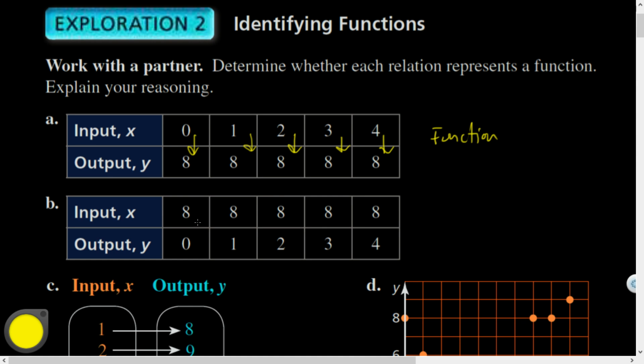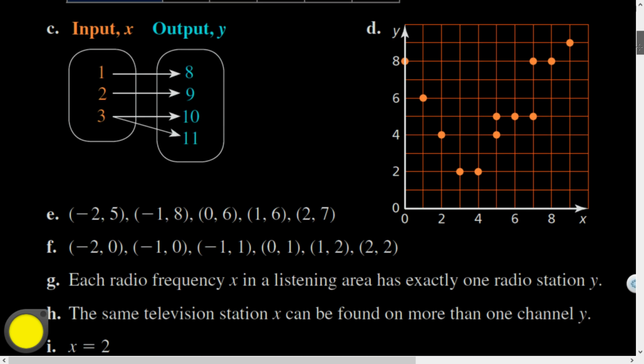Guys, here's a problem. This input is just giving me so many different outputs. This is so not a function. So I cannot have an input give me more than one output. That's a problem for functions. They don't like it. They just don't like it.